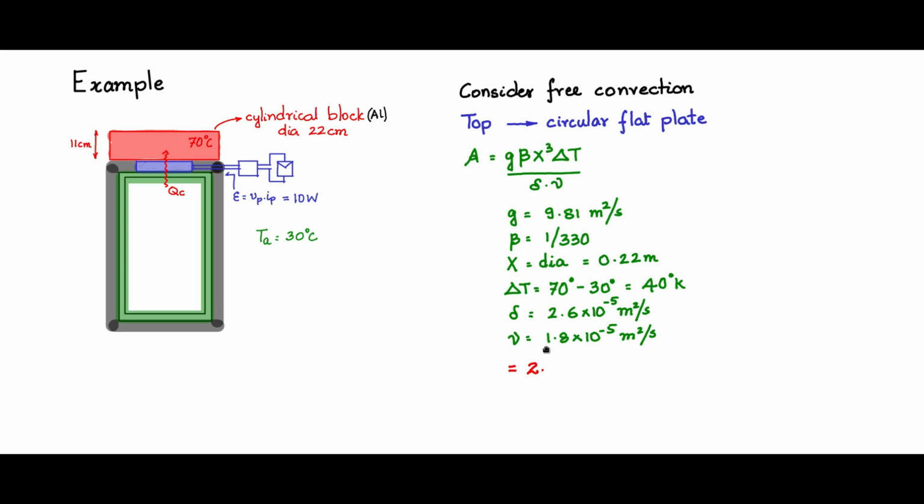So now if you substitute all these into this and calculate, you will get 2.7 into 10 to the power of 7. Now this is a value that is greater than 10 to the power of 5, and therefore I will use the Nusselt's number equation corresponding to the turbulent flow, 0.14 Rayleigh number to the power of 0.33.